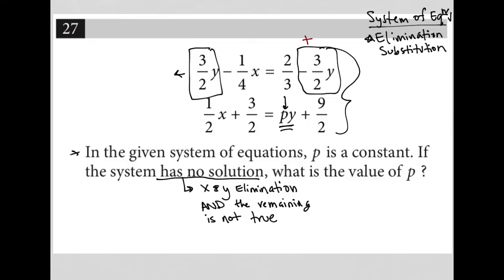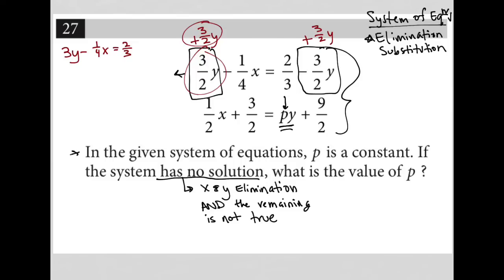So I'm going to add 3/2 y to both sides of this first equation. 3/2 y plus 3/2 y is 6/2 y, which would be equal to 3y. 6/2 equals 3, so this becomes 3y minus 1/4 x equals 2/3, okay?